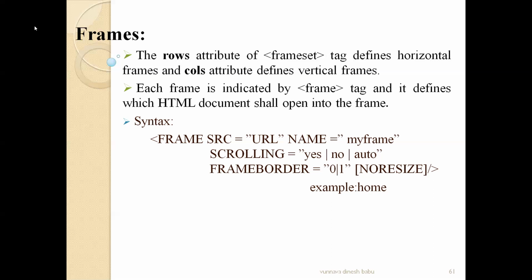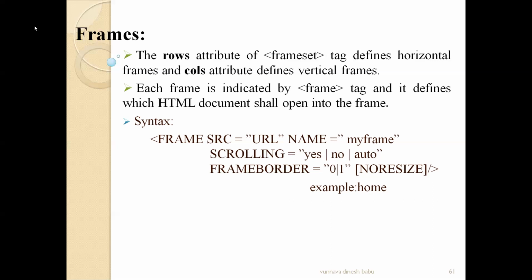In order to view the complete HTML document within the frame, we need scrolling. That scrolling is provided by using an attribute called the scrolling attribute. By default the scrolling is on, there is no problem. If we want to turn off that scrolling, we have to pass the value no. So for scrolling, we can provide 3 values: either yes or no or auto.